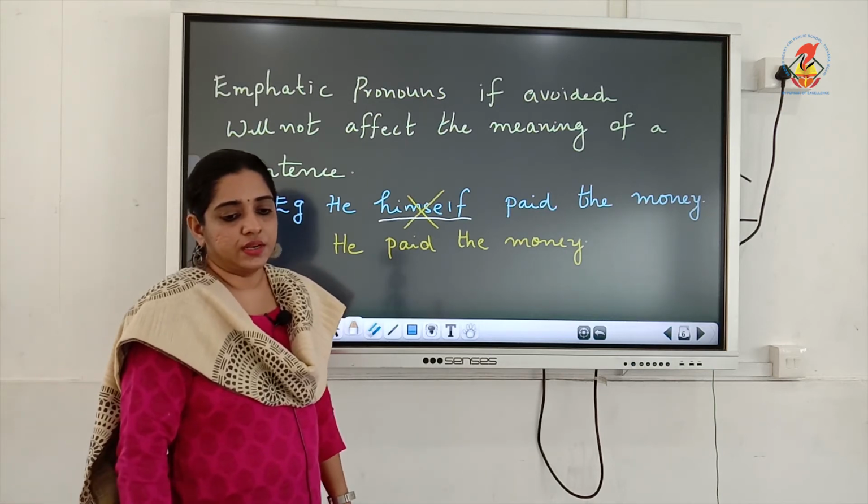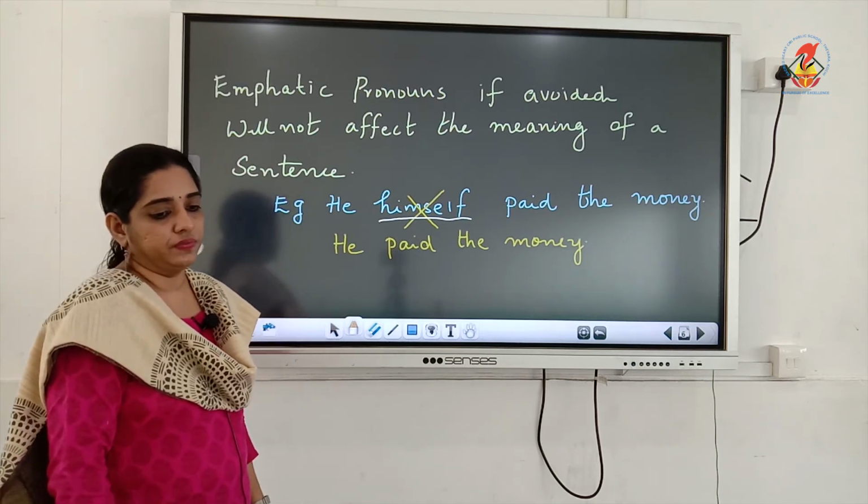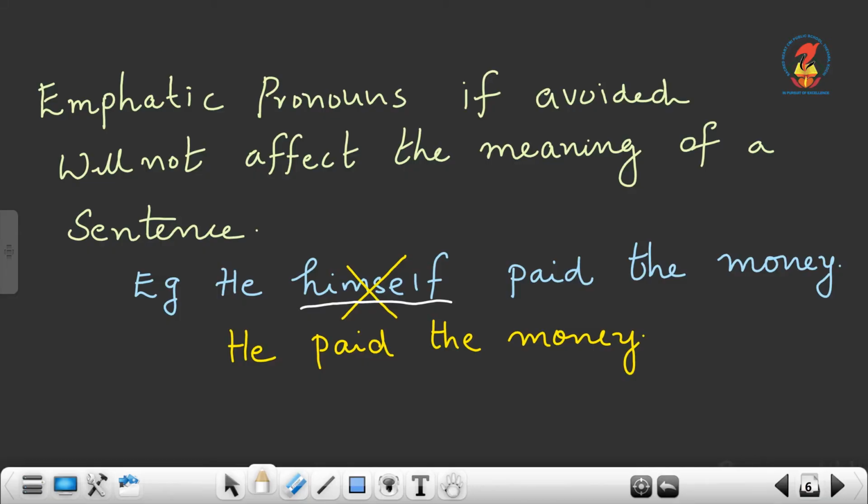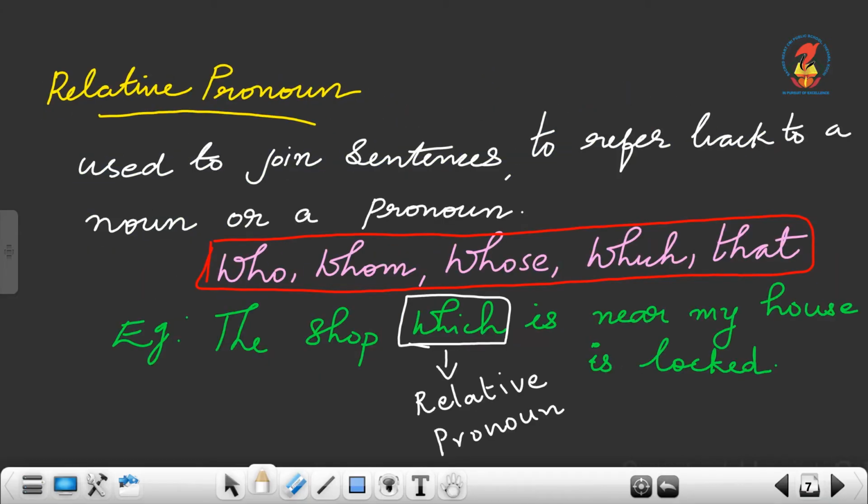Now the next one is relative pronoun. What do you mean by relative pronoun? It's used to join sentences to refer back to a noun or a pronoun. That means you are referring back to something. You use relative pronouns. See the example. The boy who stole his wallet has run away. I am referring that who means that boy.